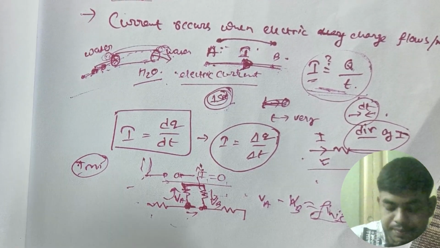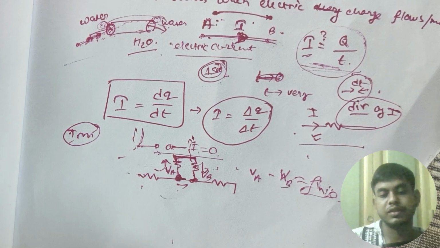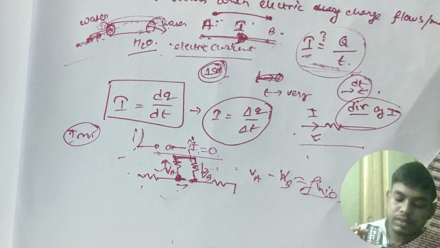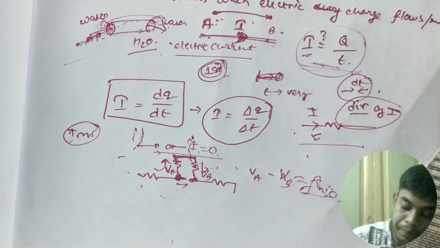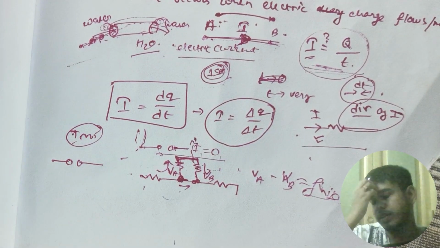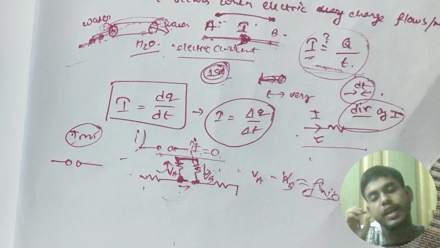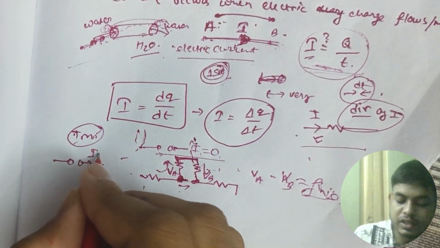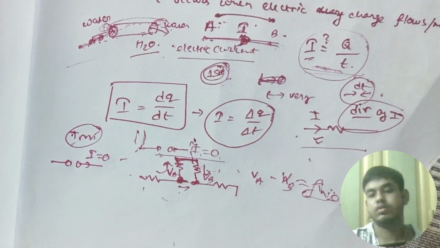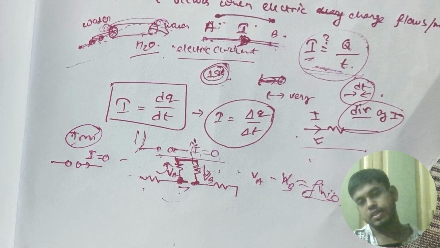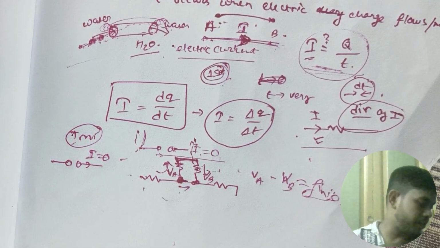The main point I am trying to say is that an open circuit guarantees that current will be zero, but it does not guarantee voltage.